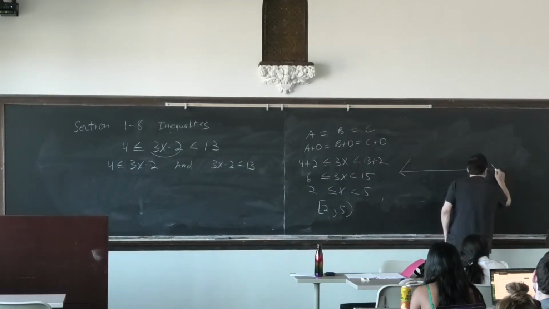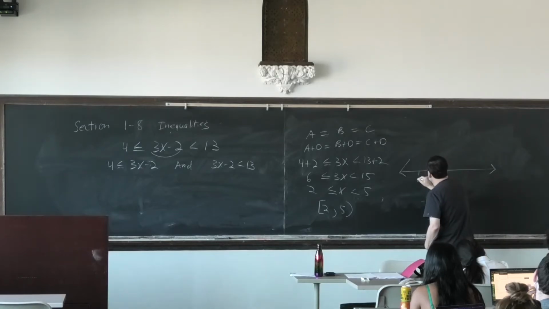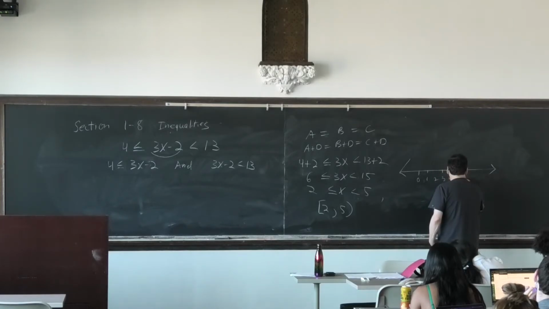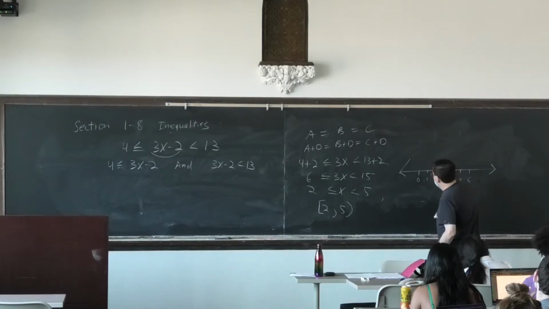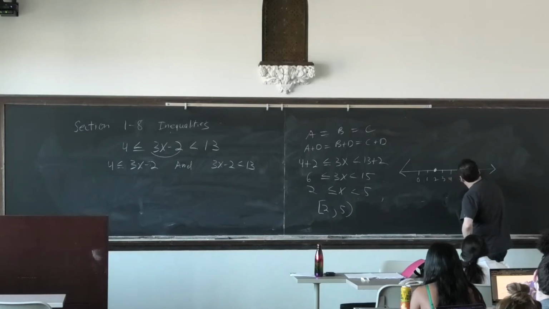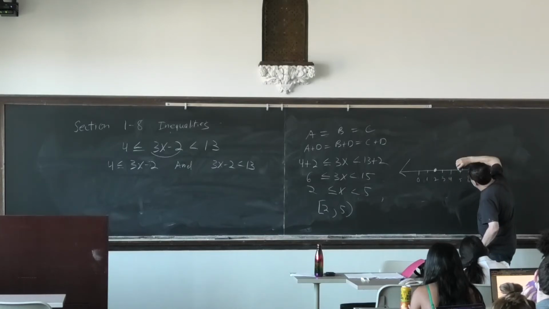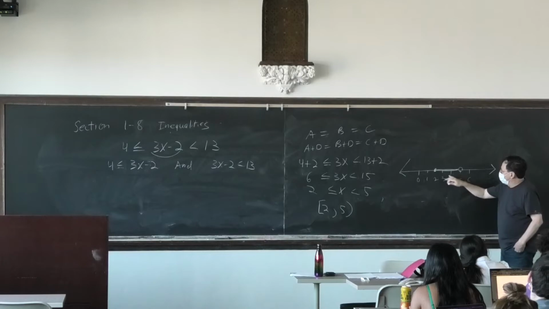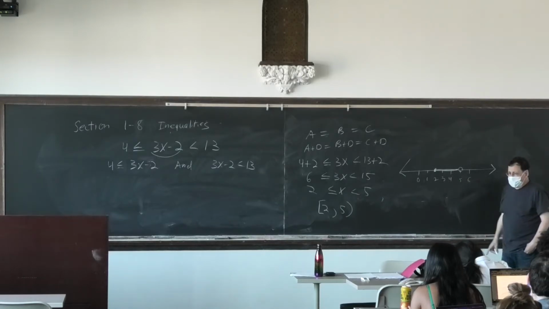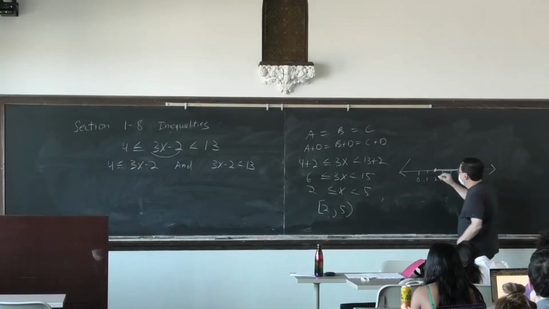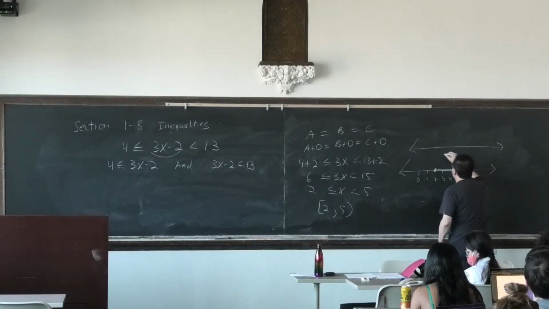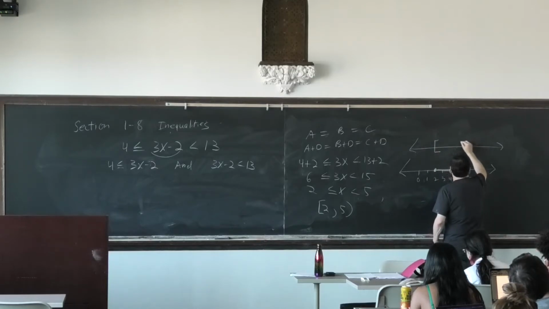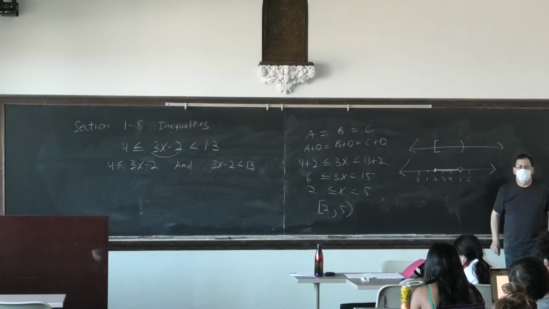And if we were to graph it, we'd use a mark to indicate that it's open, and just shade the part of the graph that works. I think this may have come up. Some student may have asked me if you can do this. That's also a perfectly acceptable way to show the graph.